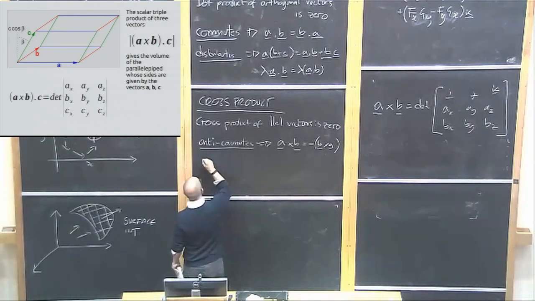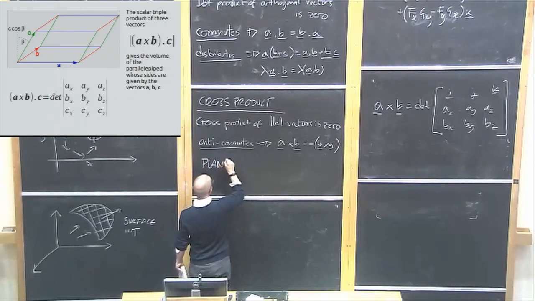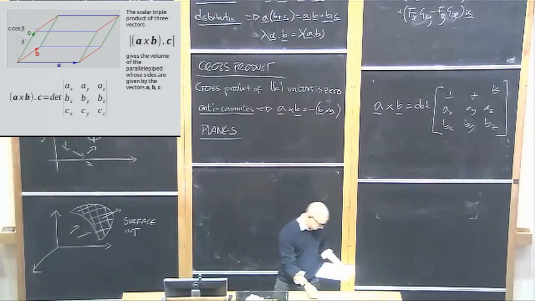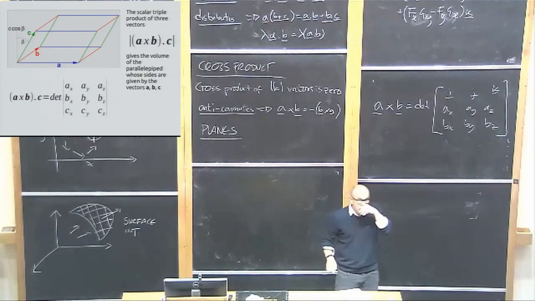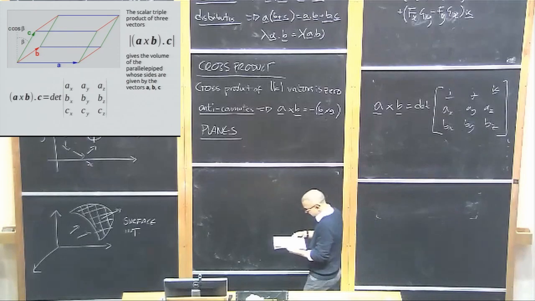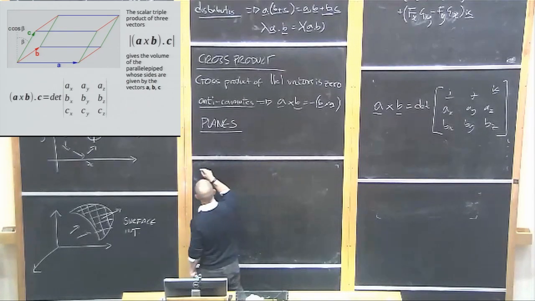Okay, and then finally something which is also important in this course is understanding planes. There are a number of different definitions of planes. So first off, definition 1 of a plane.